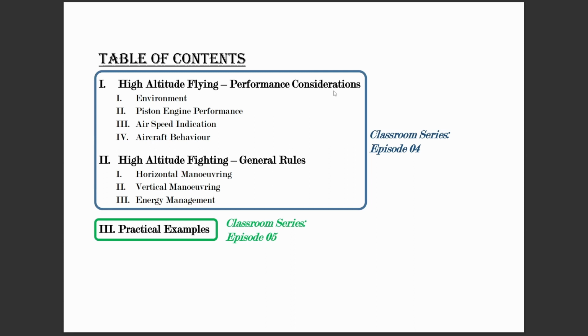In 2 chapters, I will be explaining to you what high altitude flying is all about and how we can use this knowledge to derive fighting rules or fighting behaviors that may change or be different to what we do when we are down low, and to visualize these concepts. In the next episode we are going to go over practical examples.